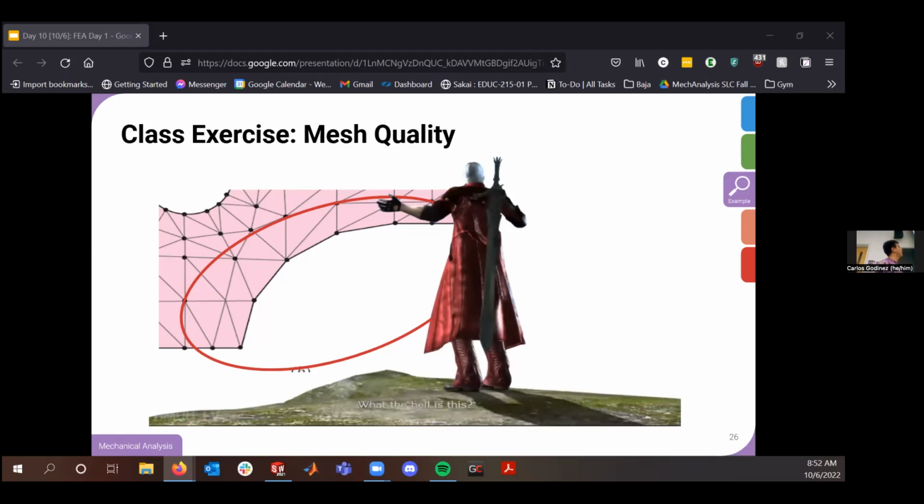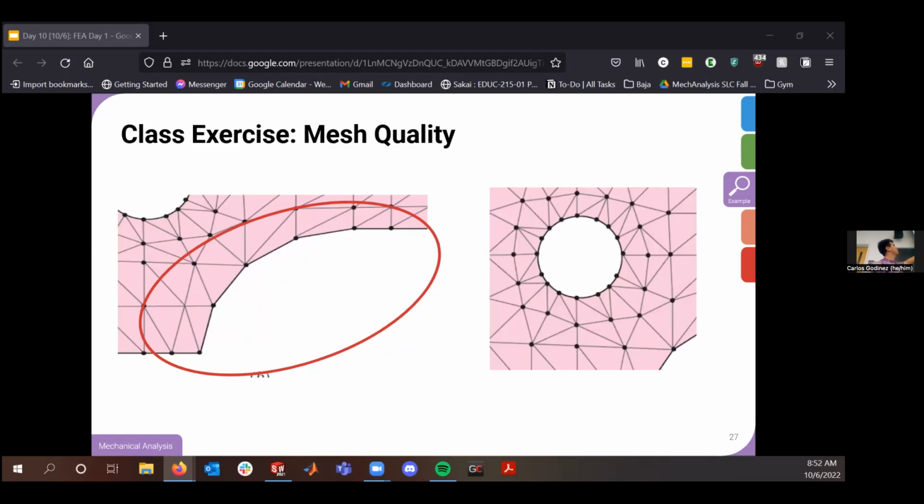Compare that to the first course at the hole inside the piece. This is better. I would probably prefer to have more there, but compared to this, it seems like a decently reasonable mesh for that corner.